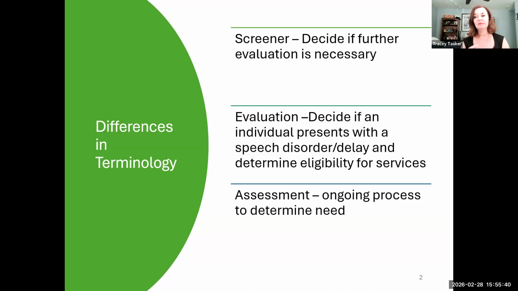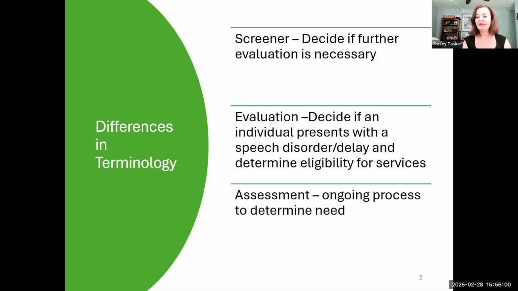So it's a very brief screener for speech sounds, because sometimes you're doing a very quick screening of all the skills at once.